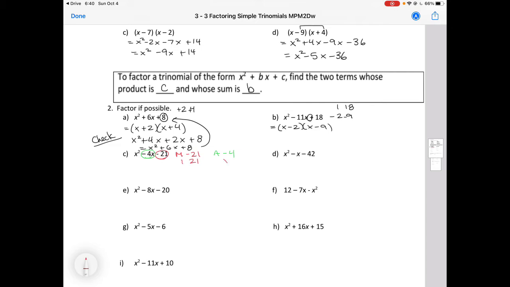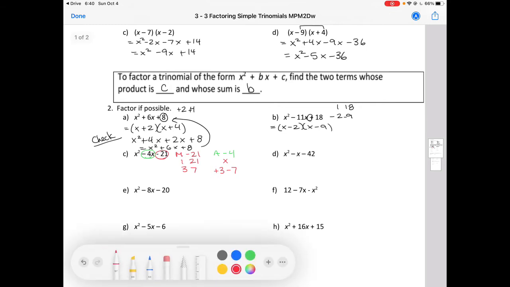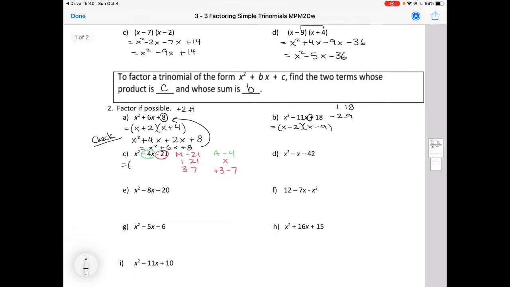No way I can get those to add to minus 4, so I'll put an x. 3 and 7. Could I get those to add to negative 4? Sure, if my 3 is positive and my 7 is negative, which also multiplies to minus 21. So now I know that I have the right combination, and I can put in my factors. (x plus 3)(x minus 7).